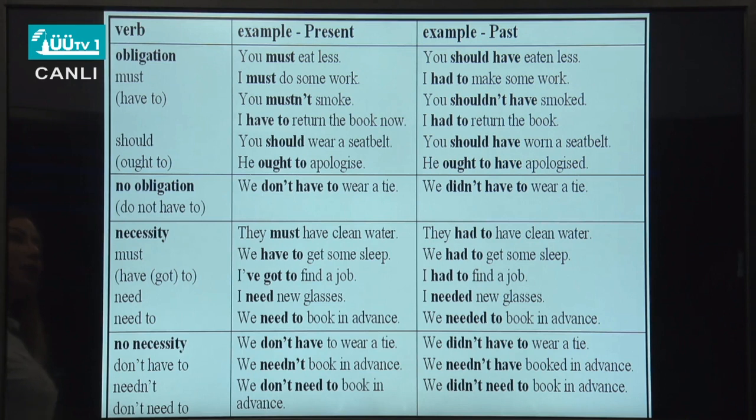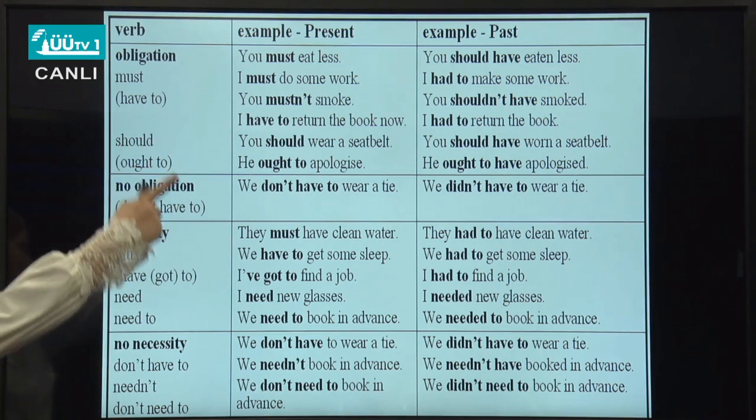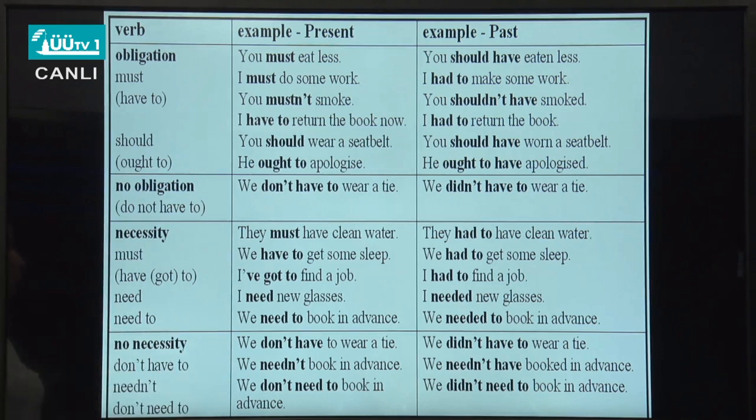Just go through the examples. This is a kind of repetition for you. You must eat less. I'm not talking about the past part because it will be taught to you in future, so I will not talk about that part, but you'd better look at that if you want to.